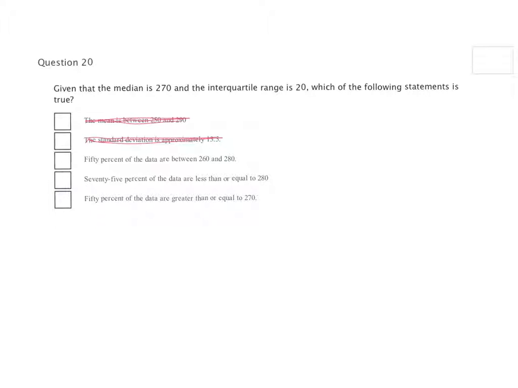50% of the data are between 260 and 280. Okay, well, I know that the median is 270. The interquartile range is 20, but that doesn't have to be split in half.